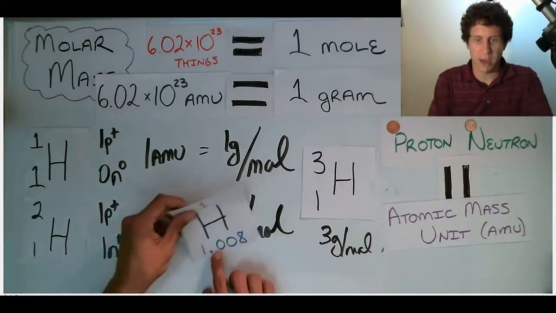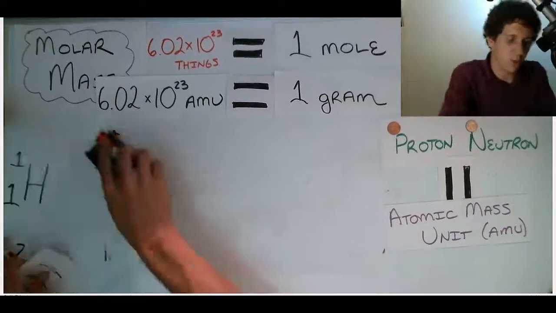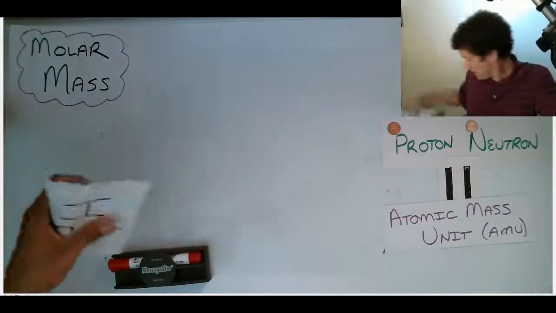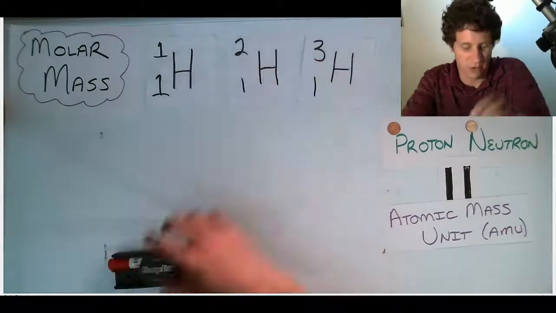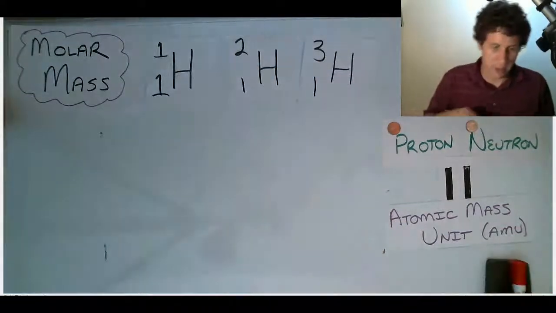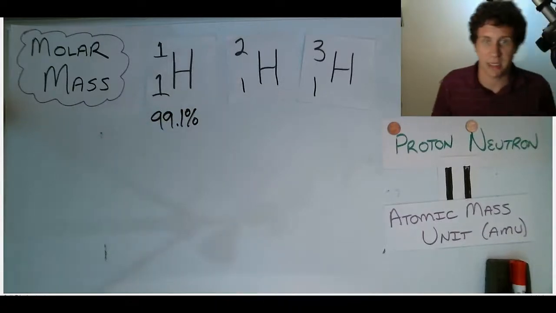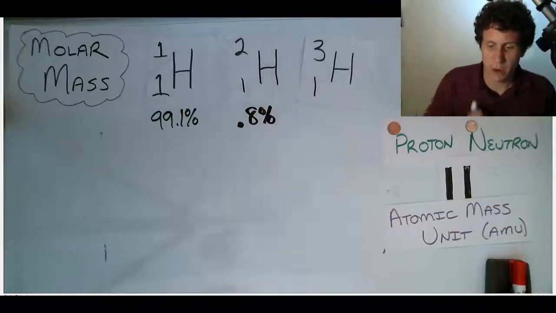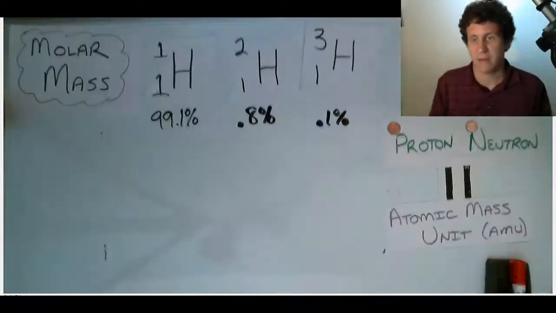So to get this number, what we have to do is take the masses of each one, and we have to do a weighted average based on the abundance that they have in the universe. So for these 3 substances, it turns out that 99.1% of all hydrogen is hydrogen 1. About another 0.8% represents hydrogen 2, and that leaves a whole 0.1% for hydrogen 3.